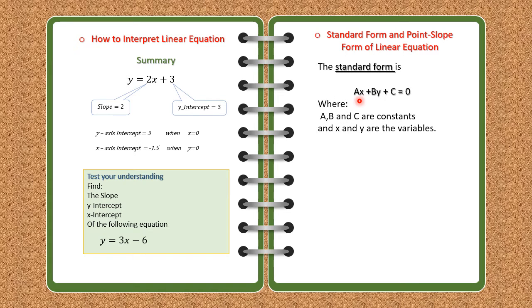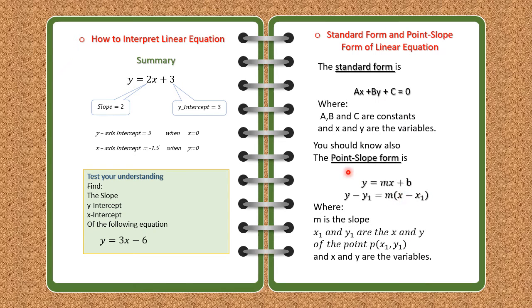This here represents the standard form: Ax plus By plus C equals 0, where A, B, C are constants and x, y are variables. On the other hand, point slope form is represented by y equals mx plus b.